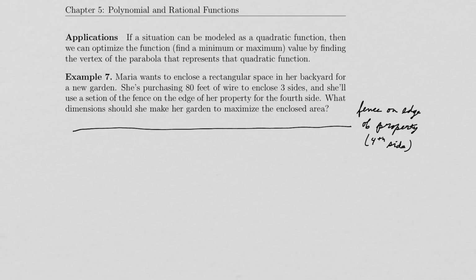And then what she wants to do is have a rectangular garden where she has to put up the other 3 sides, right? So these are the other 3 sides. Okay, well, we want to maximize the area, right? And first of all, we need to give variables for these sides. So typically with a rectangle, you label them length and width. So I'm going to call this the length, and then these 2 sides are the width, right, of that rectangle.